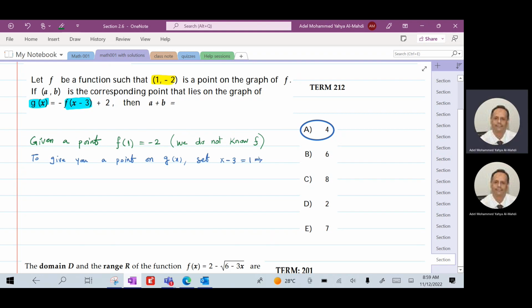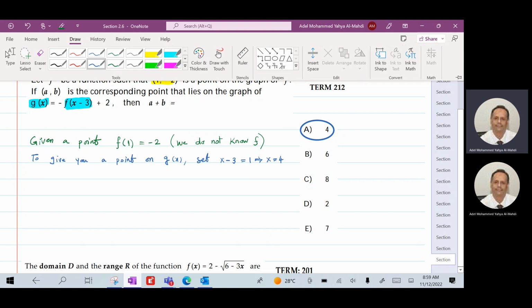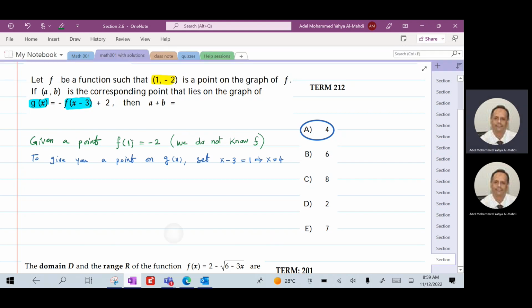So x equals 4. So we put this argument equal to this argument. The argument of this f, which is 1, is the same as the argument of this f, which is x minus 3.